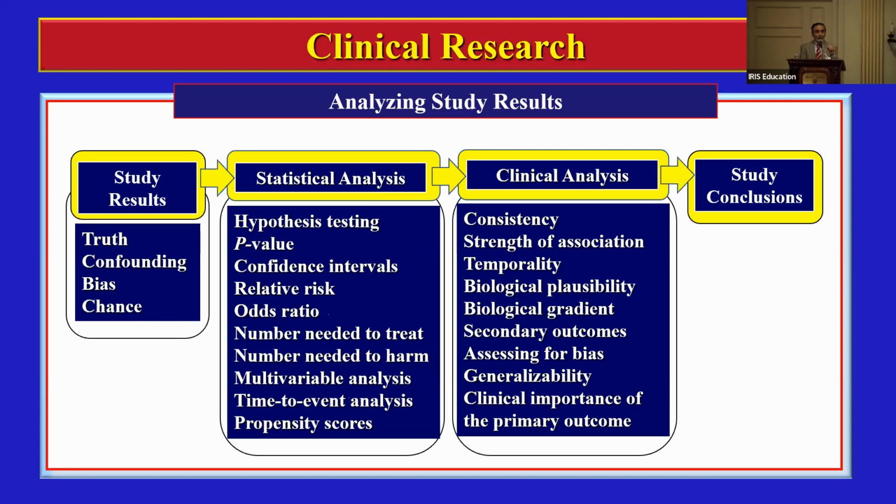It's also interesting that the p-value of 0.05 means 5% chance. We accept that if I repeat the study, the possibility that I'm going to find my results by chance is 5% or less.